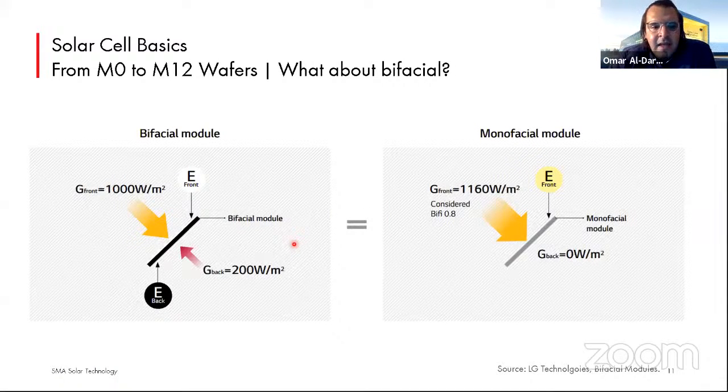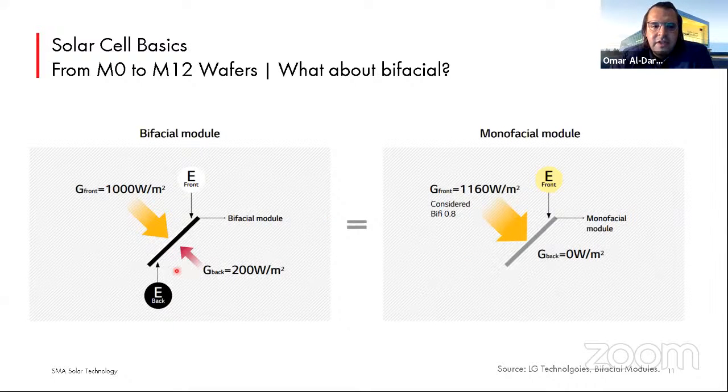Regarding bifaciality, modeling the behavior of a bifacial cell is quite straightforward. What you're doing with the bifacial cell is allowing albedo irradiance to hit the cell from the backside. You can then model it as a monofacial cell by transferring the irradiance that's going in from the backside towards the front side.